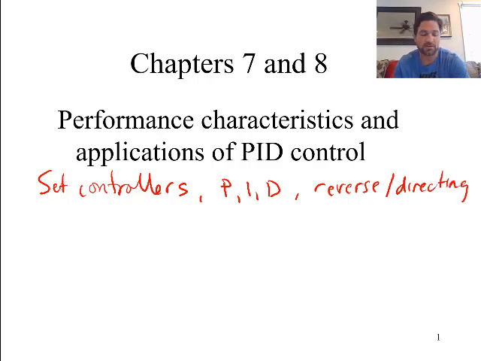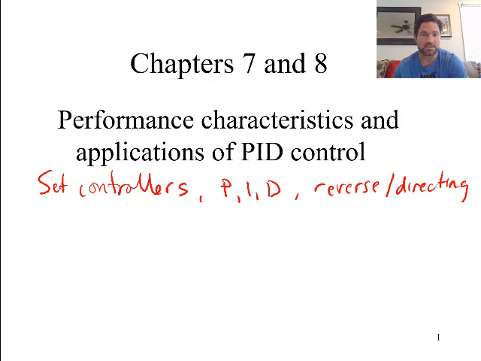The overall objective is to determine what the controller settings need to be in order to achieve the desired level of control performance. This could be aggressive control, conservative control, or minimum error between the set point and the control variable. There are various things that we'll discuss with respect to controller performance.